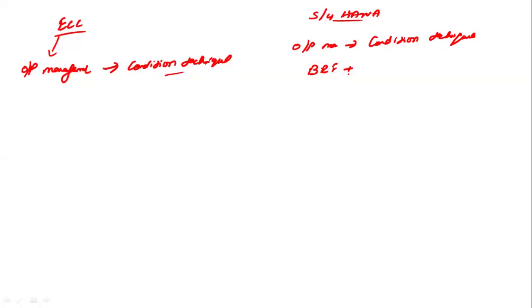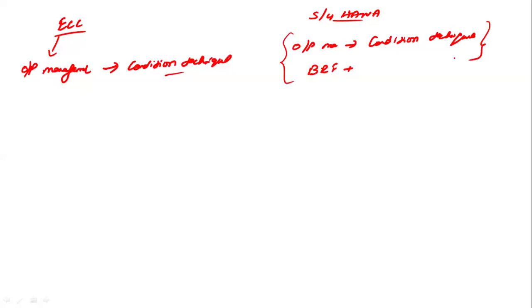This is a new output management triggering tool. In S4 HANA you have two ways to trigger the output, but in ECC you have only one, the condition technique. Some people will use condition techniques, some people will use BRF plus.